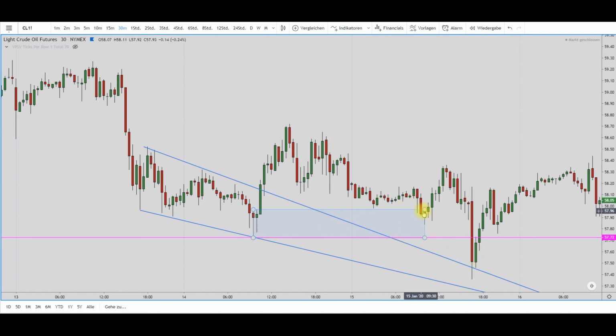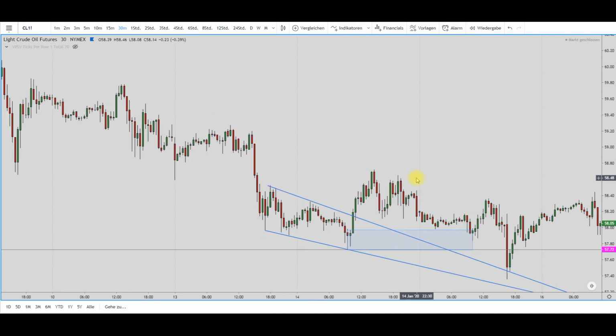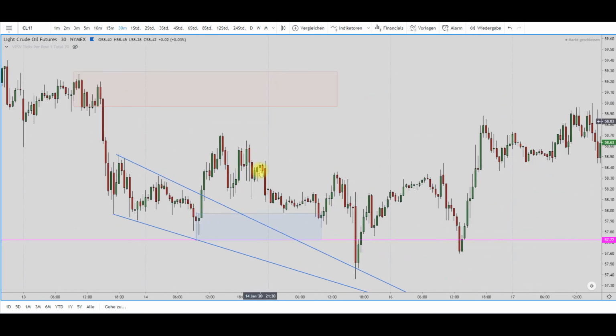I could have put my stop to break even, but I just stick to my rule that I have to have a minimum of 3-to-1 for my trades, and these trades usually work very well. The percentage of winning trades is impressively high, so no reason to touch.